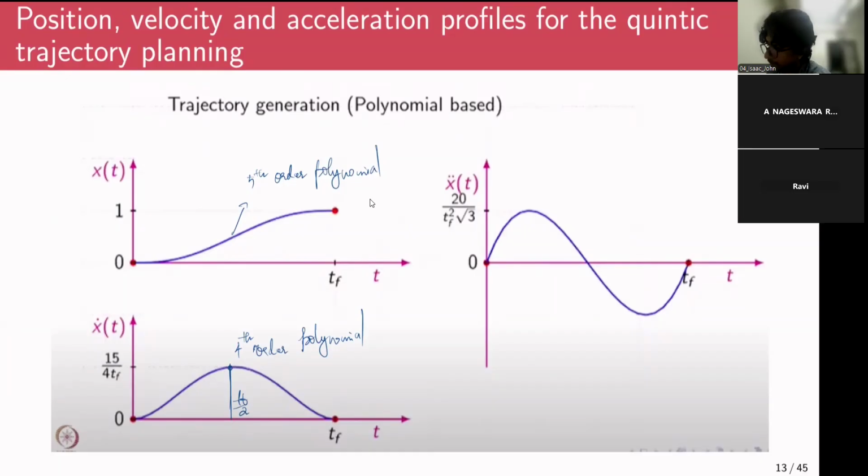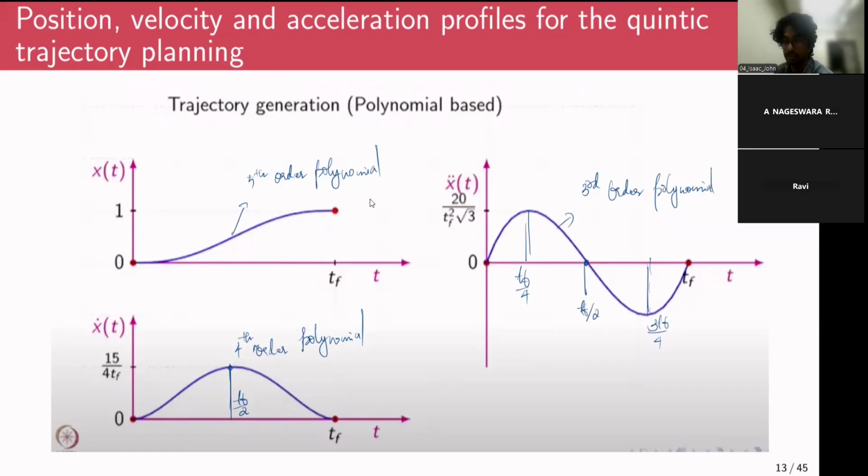And the acceleration profile would be governed by a third order polynomial. And the maximum acceleration is obtained as 20 by root 3 TF square. We have zero acceleration at TF by 2, and we have maximum acceleration at TF by 4, and maybe over here 3 TF by 4.